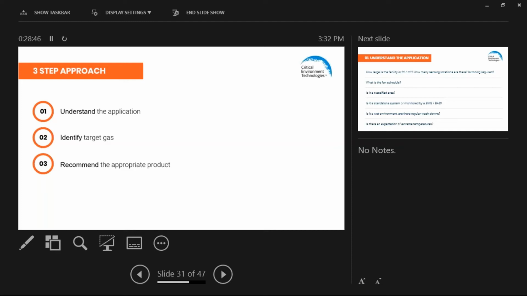Because typically we've been there and done that. If it's a swimming or a recreation facility with a swimming pool and a hockey ice rink, we know what gases in the past we have identified and what sensors would be required, and we can recommend an appropriate solution.